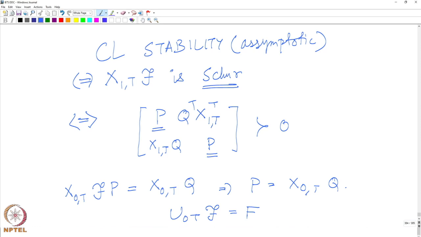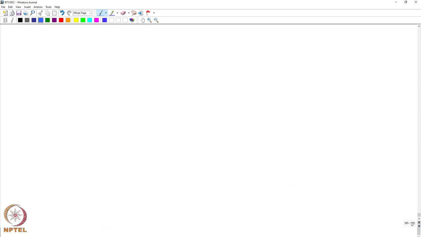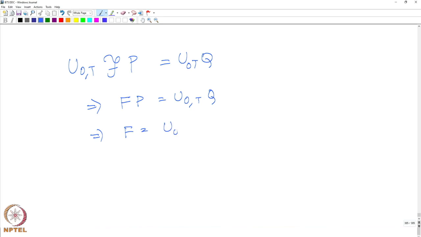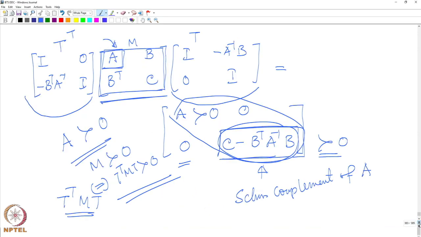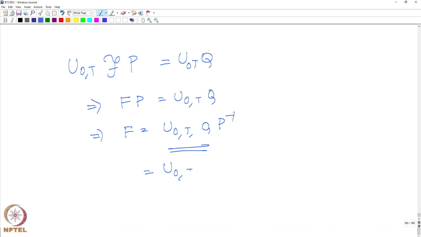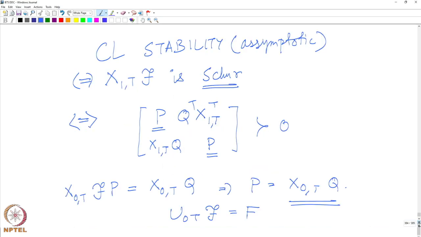So, therefore, F P is equal to Q u0 T, that is equal to F P, u0 T Q, which tells me now F should be equal to u0 T Q P inverse, and x0 T Q is P. Therefore, this is equal to u0 T Q x0 T Q inverse, right. That is it.